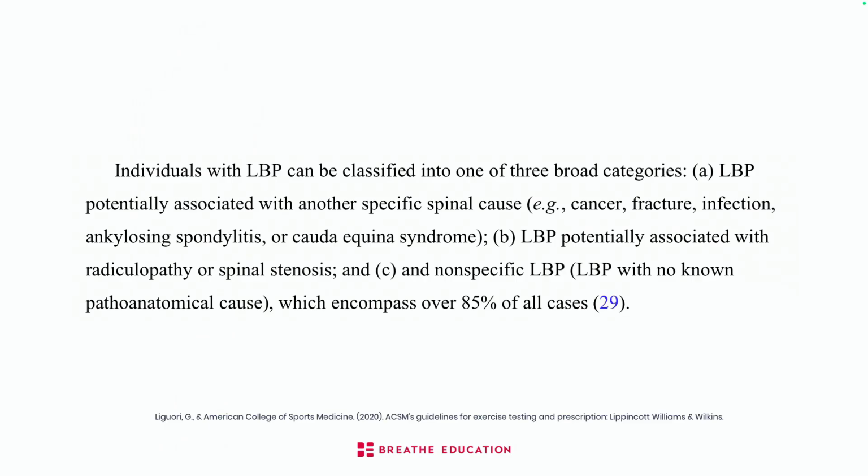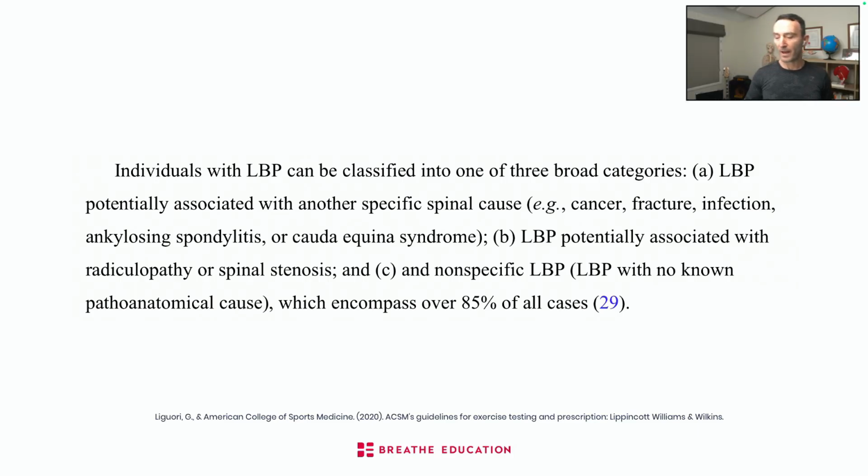All right. I think we're still on page 172, second paragraph. Individuals with low back pain can be classified into one of three broad categories. A, low back pain potentially associated with a specific spinal cause, e.g. cancer, fracture, infection, ankylosing spondylitis or cauda equina syndrome.